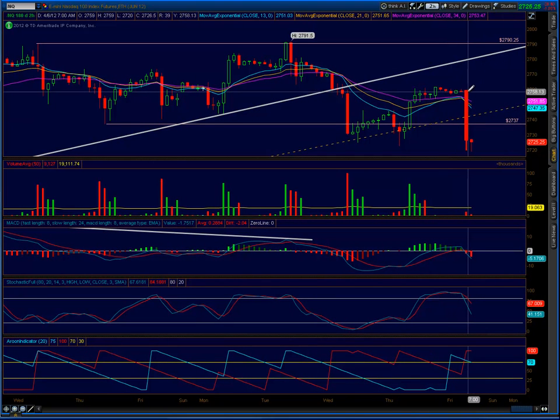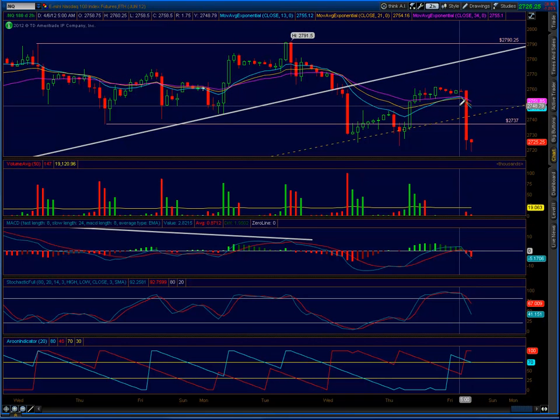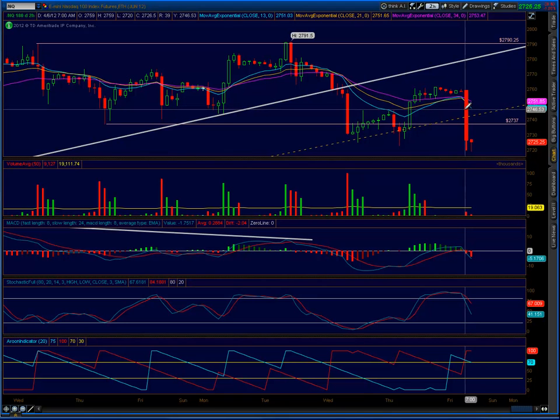So this is around 8 o'clock this morning, 7, and then followed through the job report at 8:30 when the whole waterfall happened. So this was during the closing hours of the regular market. So we have to see what happens next week.